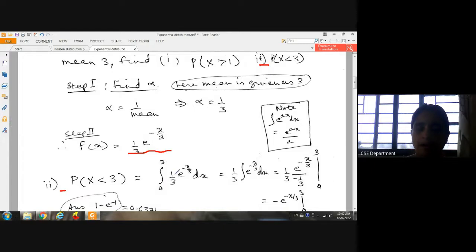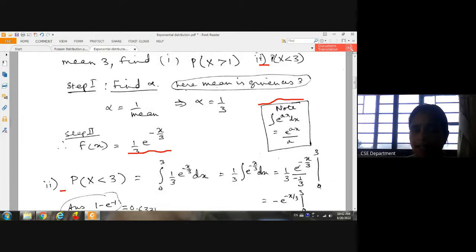The integral of 1 by 3 e to the power of minus x by 3, the function f(x) dx. You take the constant 1 by 3 outside. The integral of e power ax dx is e power ax by a. This is the standard integration result.